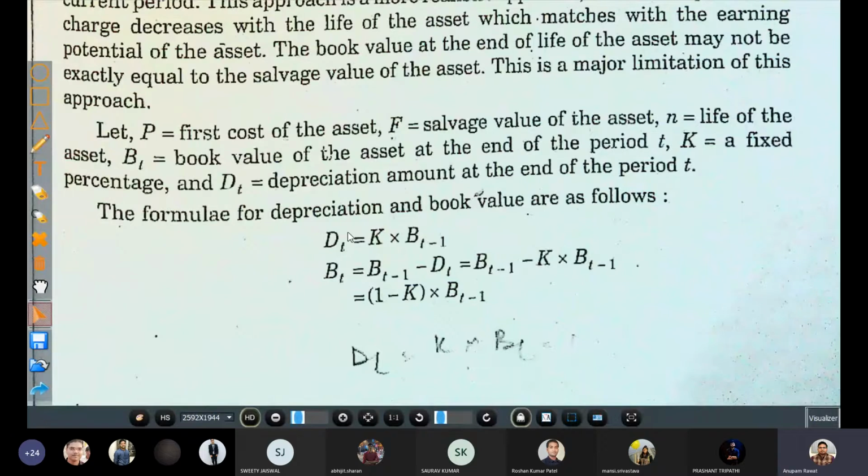So DT will be K into BT minus 1, meaning the constant is multiplied by the previous year's book value, and BT will be the previous year's book value minus the depreciation DT. So BT will be 1 minus K into BT minus 1. This formula will apply.